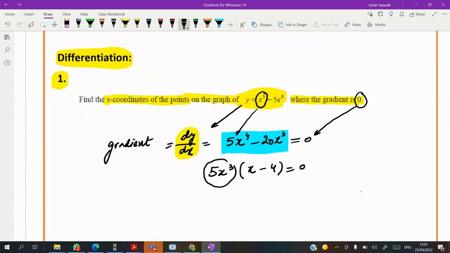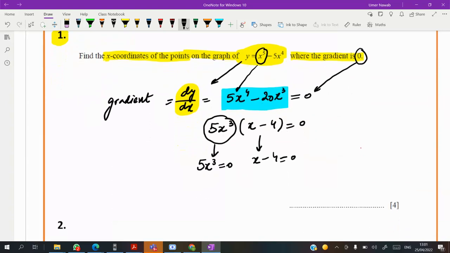Either 5x cube is equal to 0, we use the zero product property, or x minus 4 is equal to 0. 5 goes to the other side, so x cube is equal to 0 over 5, which is 0, and send the cube to the other side, it becomes cube root of 0. The cube root of 0 is 0, so the answer is 0. And from here, we send minus 4 to the other side, x is equal to 4. So he wanted us to find the x coordinates, and we found them. They are 0 and 4.